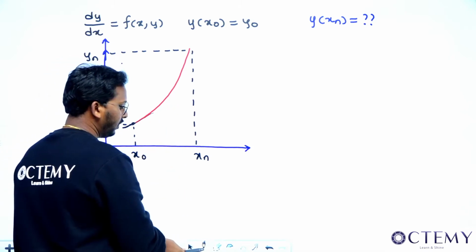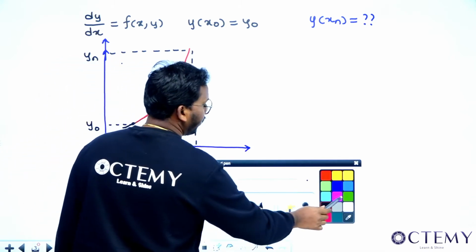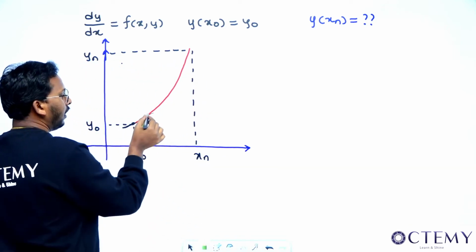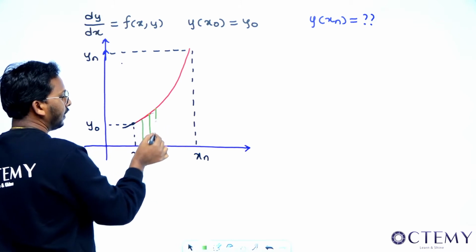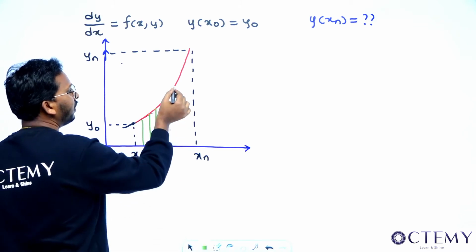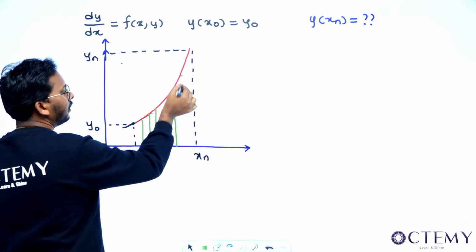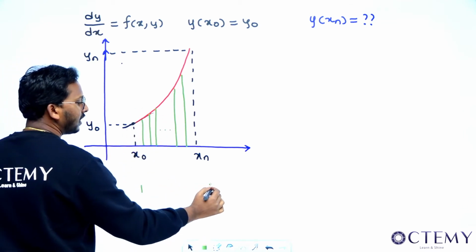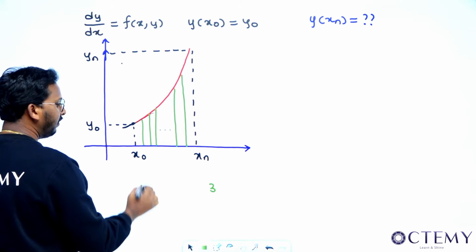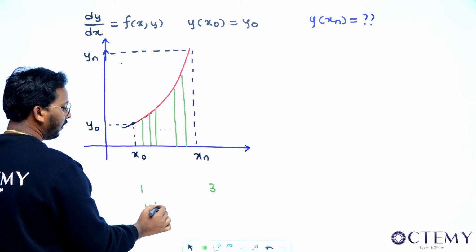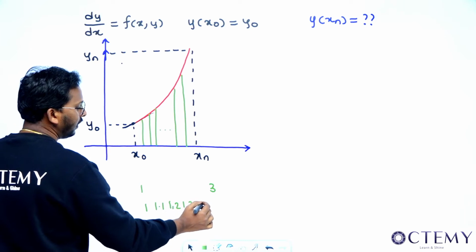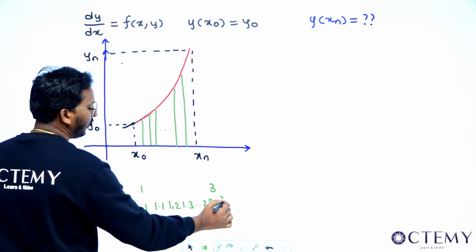First, I will divide this into different kinds of intervals. What are these intervals, sir? Say this is 1, this is say 3. Then I will divide this into 1, 1.1, 1.2, 1.3 and so on till 2.93, right?